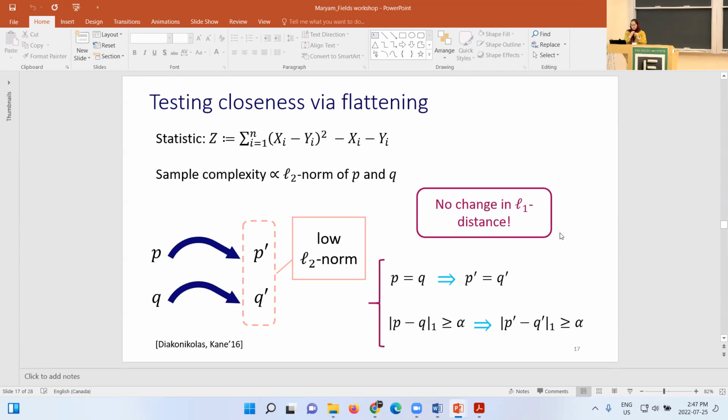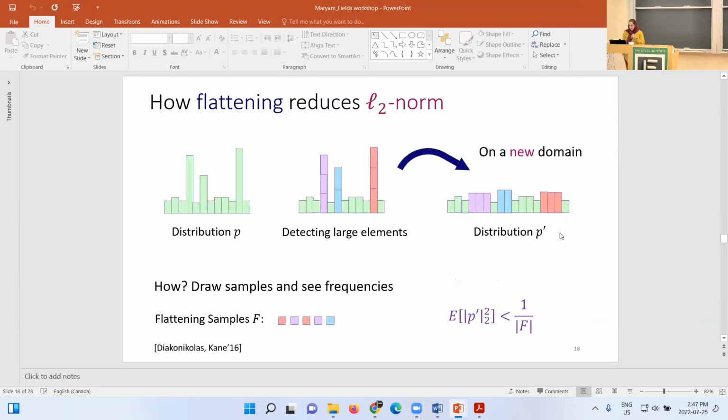And this mapping is designed in such a way that it doesn't change L1 distance. So if the 2 distributions we start with are equal, they will remain equal. And if they were alpha far from each other, they will remain alpha far. The flattening basically refers to this mapping.